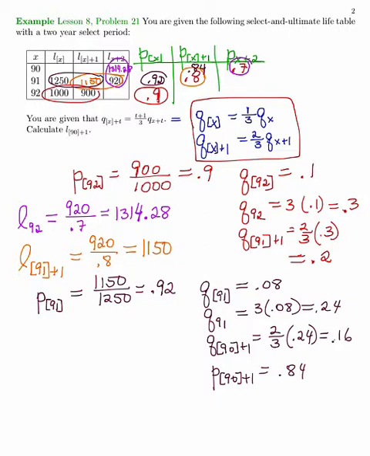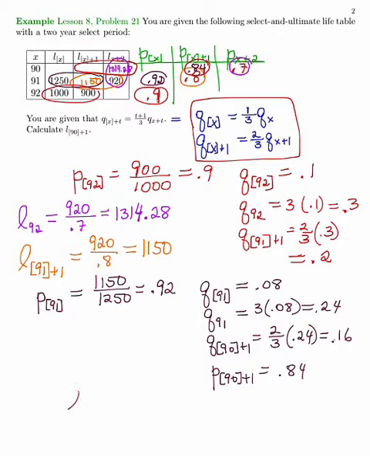Okay. And so now I think I can get my answer, because if I look at the ratio of those two, that should be 0.84. And I'm looking for L90 plus 1.